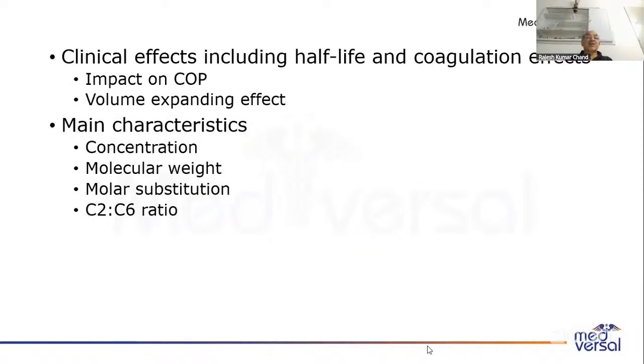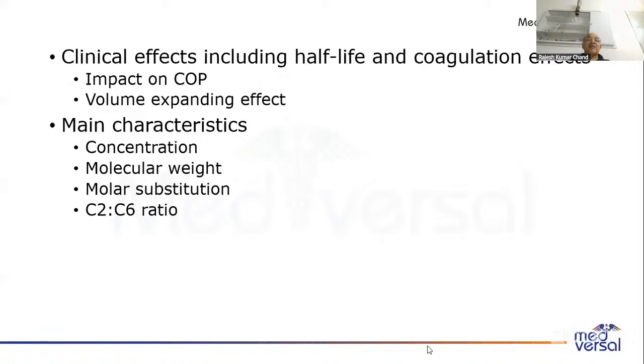The clinical effects of colloids include their half-life and coagulation effects. They impact the colloid oncotic pressure and the volume expanding effect. For example, if the half-life is long, then the colloid oncotic pressure will be increased more. And if the molecular weight is large, then the volume expanding effect will be more.